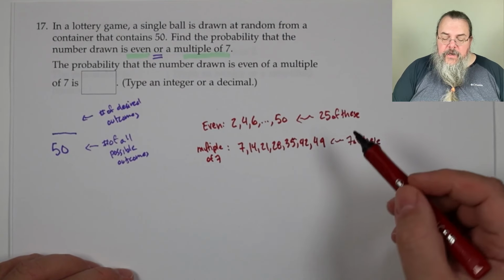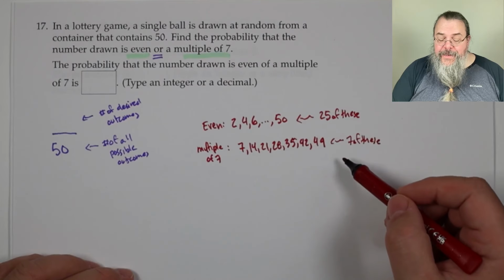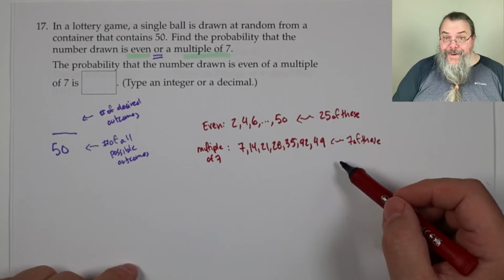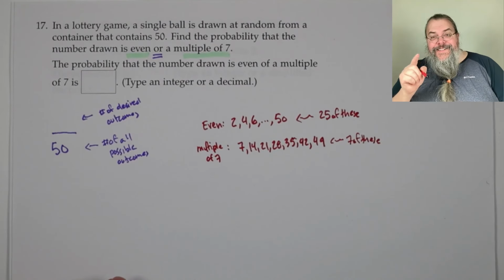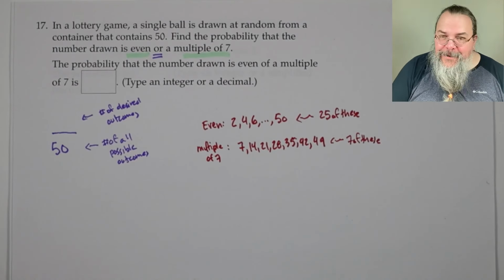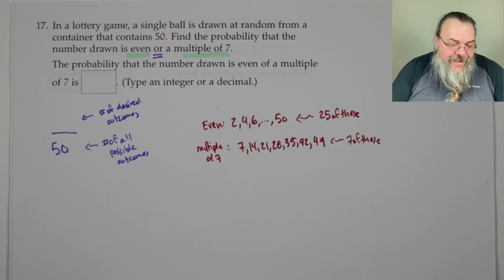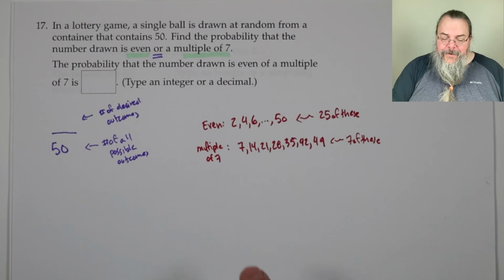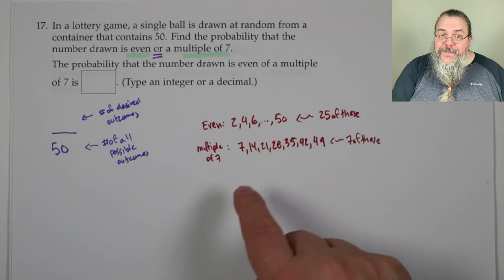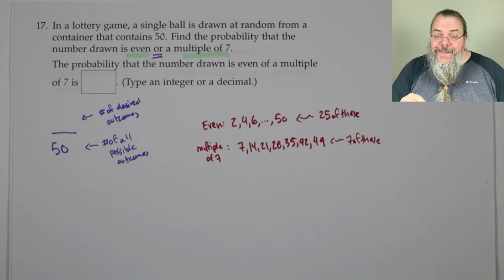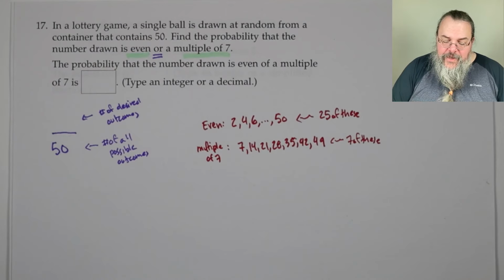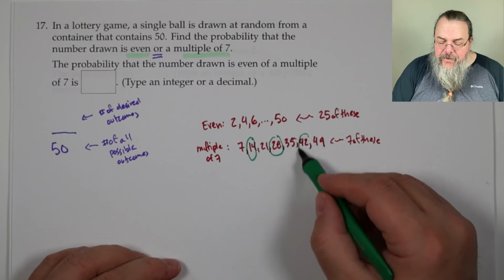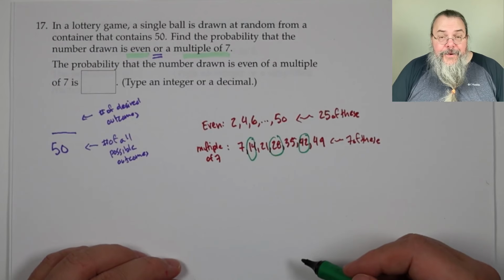And so now we want to be even or a multiple of 7. Does that mean that we put a 32 here? And why not? Okay, you caught me there. Classic Steve. What do you have to be careful of? We want or, so it could be that we actually have things in both. Notice the 14, the 28, and the 42. All of those are even.